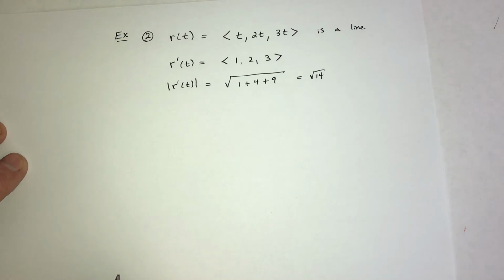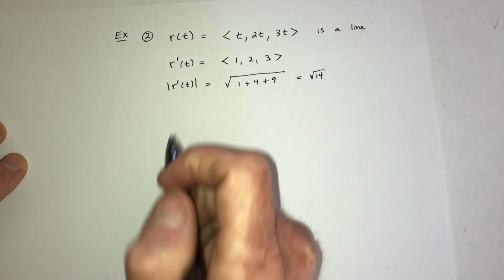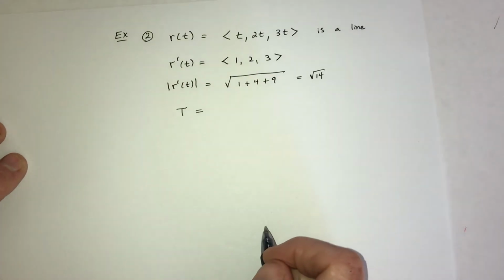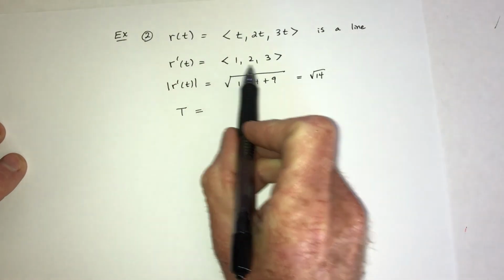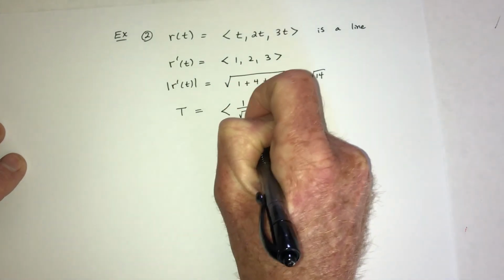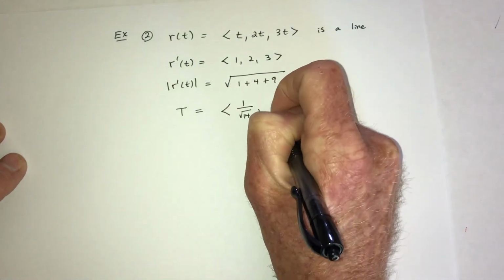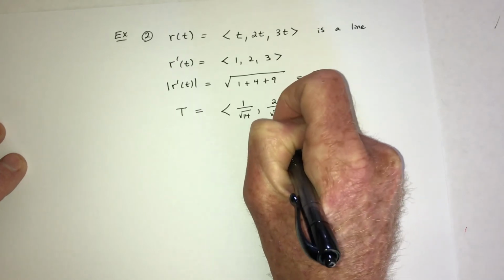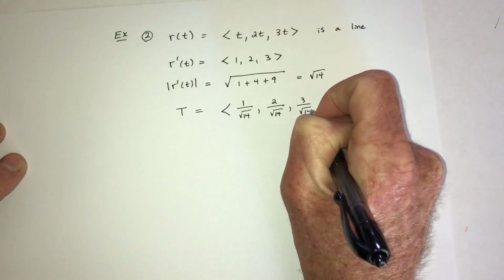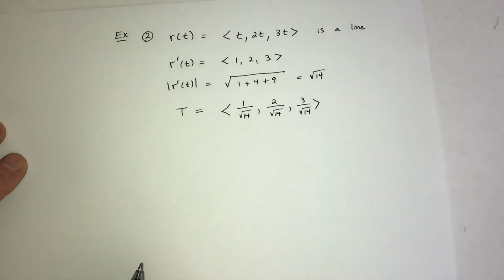And then the unit tangent vector is just those two things divided. So take this and divide by the square root of 14. So you can just do that individually, divide each one by the square root of 14. So there's the unit tangent vector.